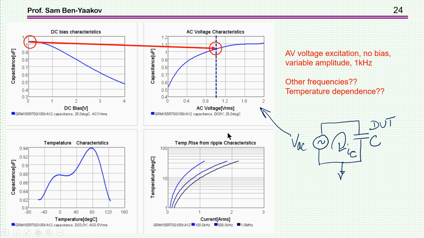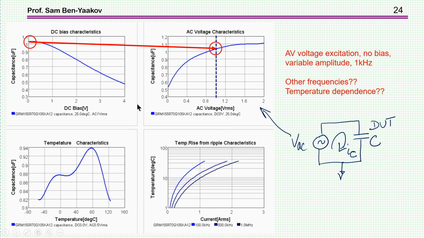This is a 4-volt DC capacitor. Now, we see here that at small excitation, small AC voltages, the capacitance is very small. And it's becoming larger and larger as we go up and up. This is for 25 degrees, the same temperature, no bias.